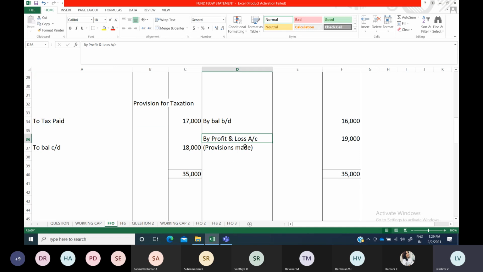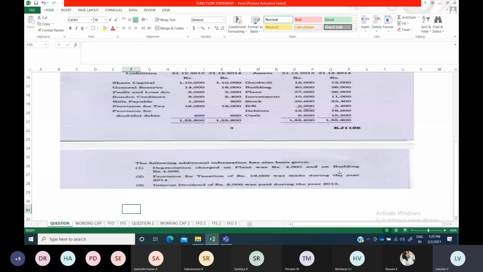As I said earlier, either this amount will be given to you or this amount will be given to you, so the other amount you can easily calculate. One piece of information is given, the other amount you can easily calculate. In this question, they have given the amount made during the year.